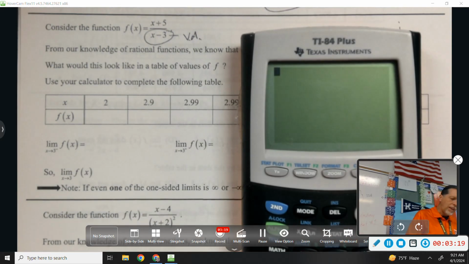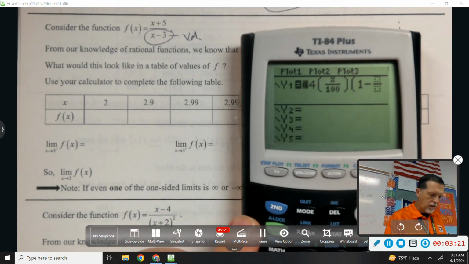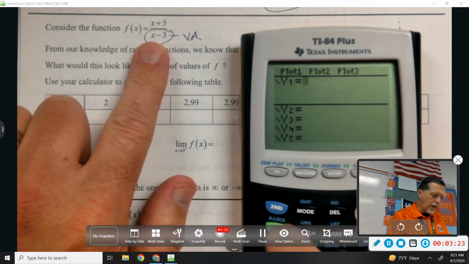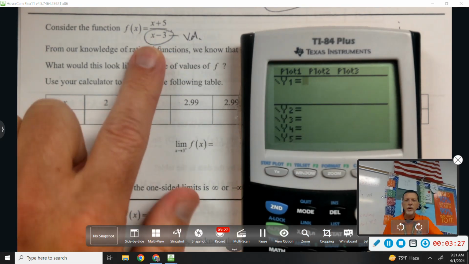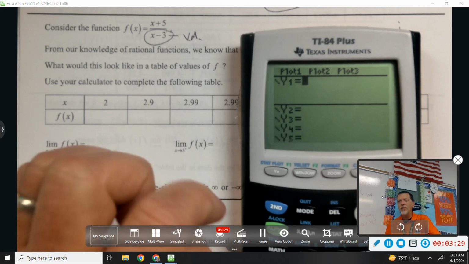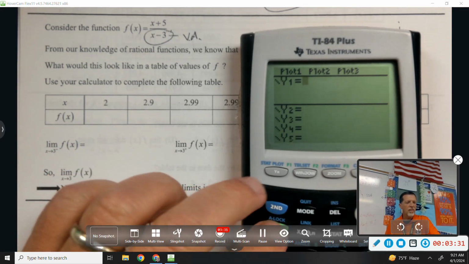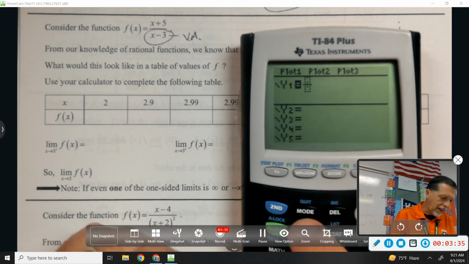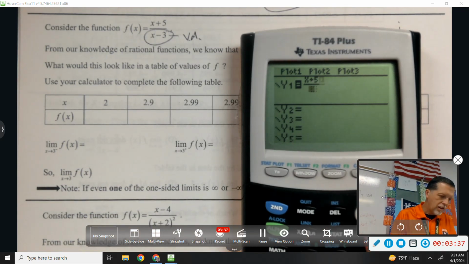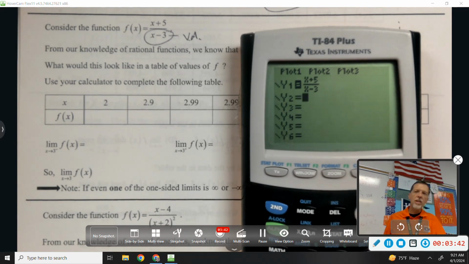So I think the easiest way to do this, let's go to y equals and put that in. The fraction bar, sometimes it's overused, but sometimes it's helpful. Alpha F1, get you a fraction bar if you like that. It's probably easier than dealing with parentheses. So there's our function.